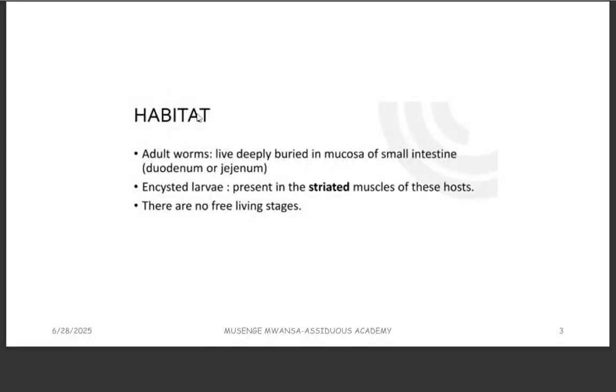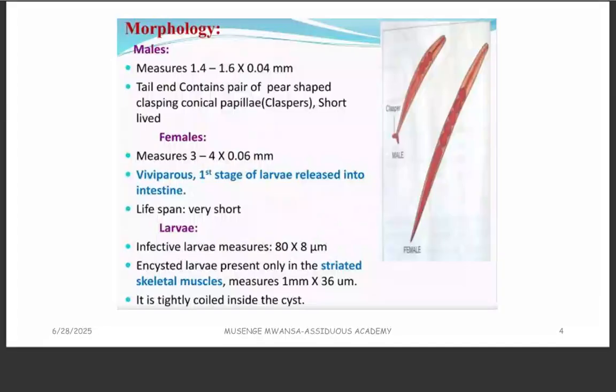The adult worm is in the mucosa of the small intestine, specifically the duodenum and the jejunum. And then the encysted larva, the larva that is in a cyst, is going to be in striated muscle of the host. There is no free living stage. The stages of Trichinella are only found in the host.